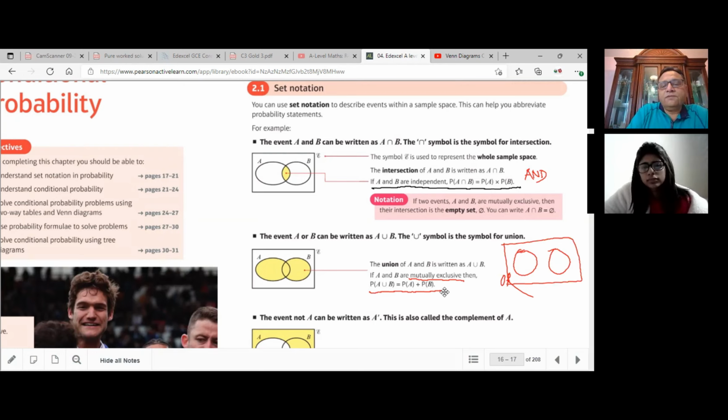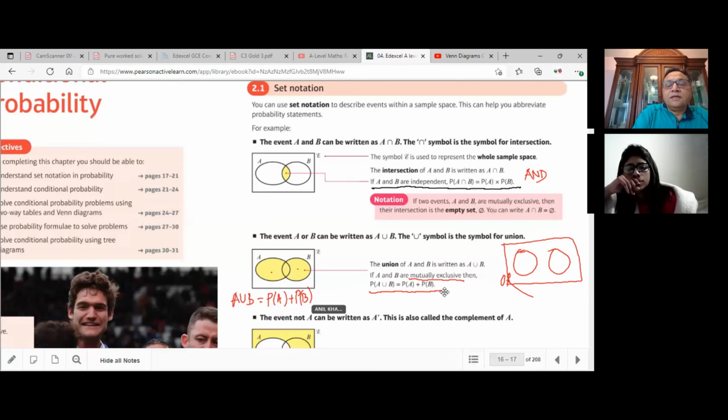If I have to write the probability for the union in the general situation, I should say the statement on the right is kind of misleading. It will be probability of A plus probability of B, but we have to take away the common part, because when you add probability of A and B, the intersection has been added twice.